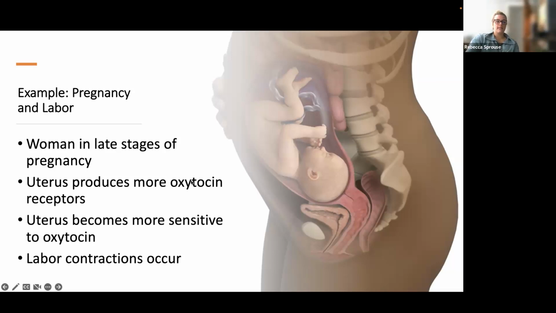And the more receptors that you have, the more oxytocin can bind. And so what your body does at late stages of pregnancy is produce a lot of those receptors in preparation for the extensive amount of oxytocin that's going to be released upon childbirth and labor. And so that way your receptors can become more sensitive to that oxytocin.